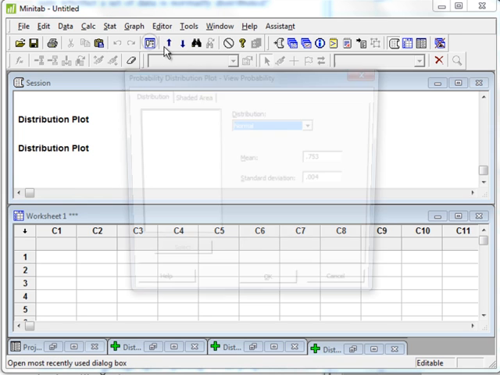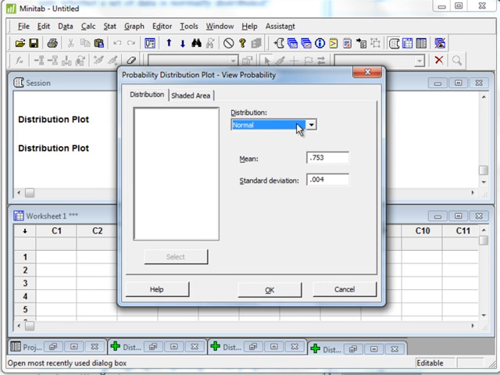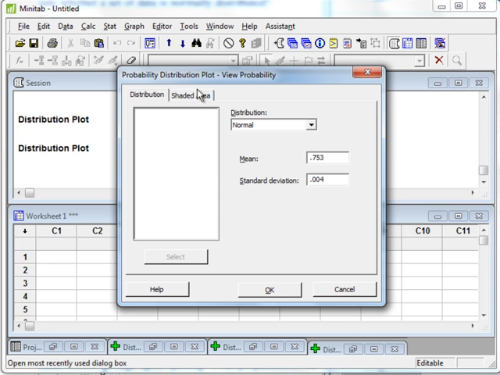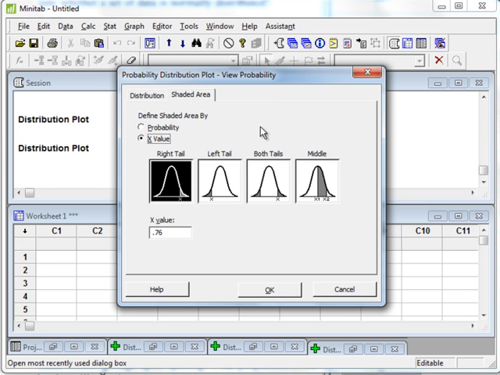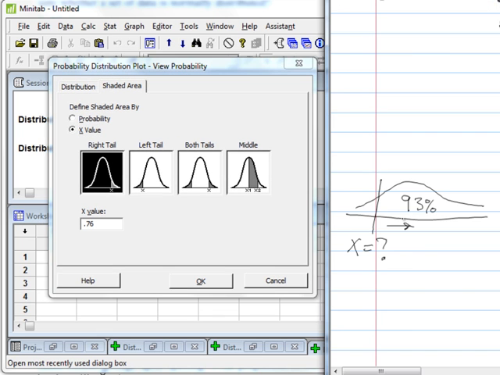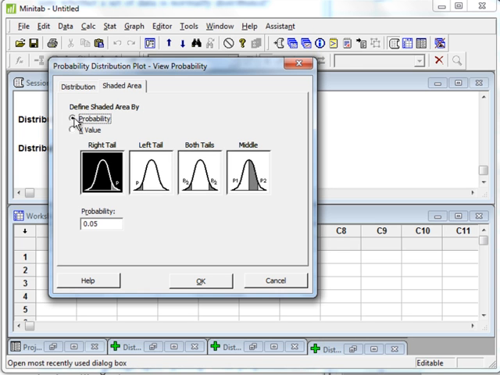go to the same chart we were using before, the probability distribution plot under the graph menu. I've got the mean and the standard deviation entered in. Now I need to go to a shaded region. And in this case, recall that I am entering in a probability value and I want it to return an X value. So I'm going to change what I'm entering in to be a probability. So I select probability.